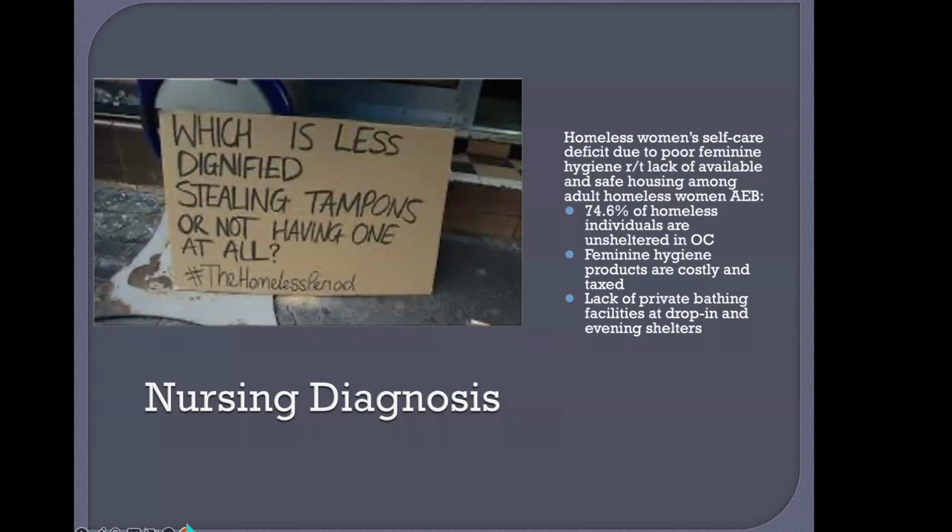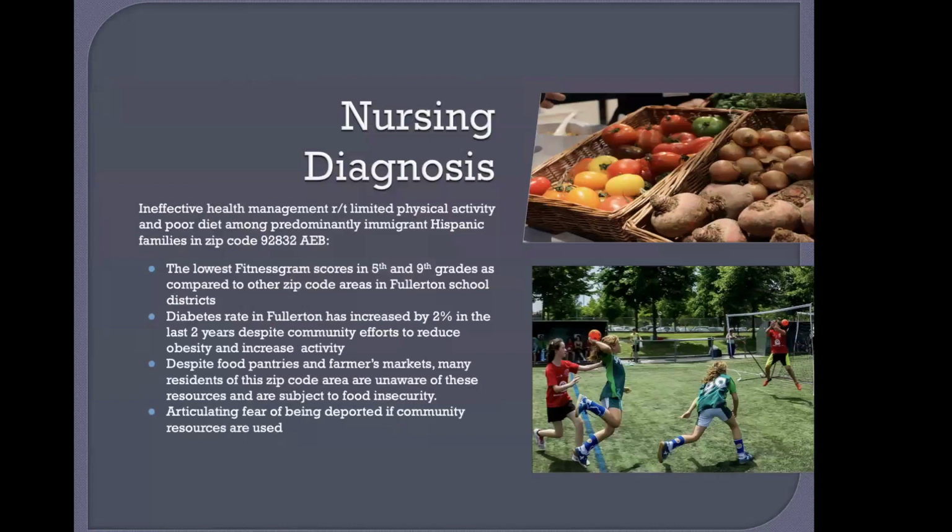As evidenced by, here's your statistic, 74.6% of homeless individuals are unsheltered in OC. Feminine hygiene products are costly and taxed, and lack of private bathing facilities at drop-in and evening shelters. So that's pretty good.